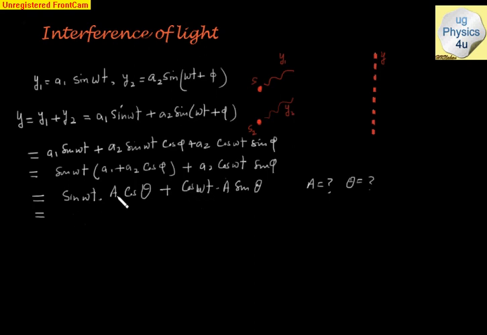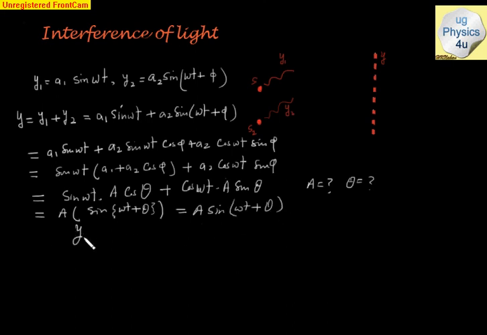Using this expression, A is common, so I take A common, and I am left with sine omega t cos theta plus cos omega t sine theta, which can be written as sine of omega t plus theta. So I can write y equals A sine of omega t plus theta.